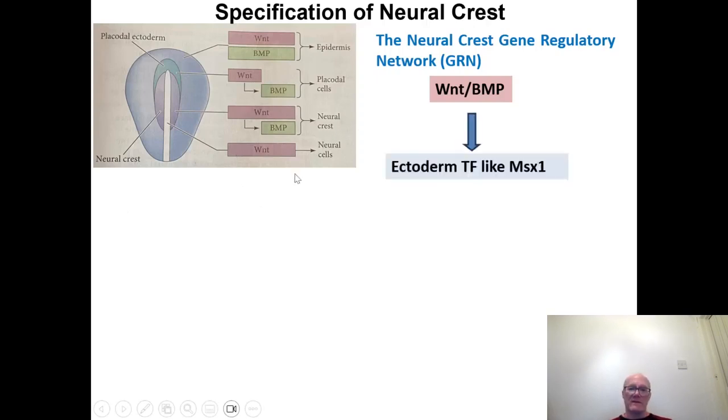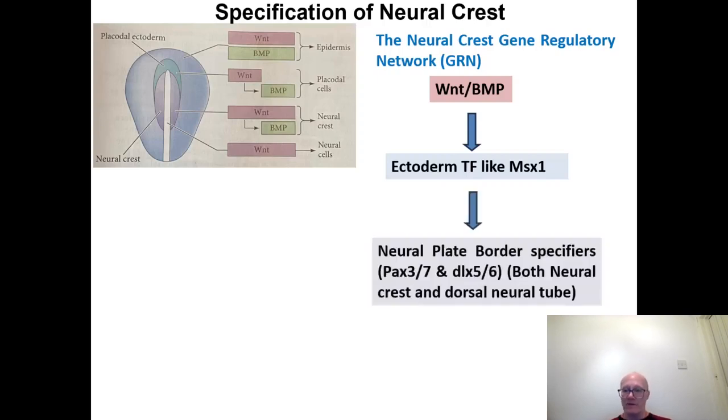In the second part of this picture, Wnt and BMP signaling induce expression of ectodermal transcription factors like MSX1. These ectodermal transcription factors are actually expressed in most ectodermal cells. MSX1 now induces neural plate border specifiers like PAX3 and PAX7 and ZIC1 and others.